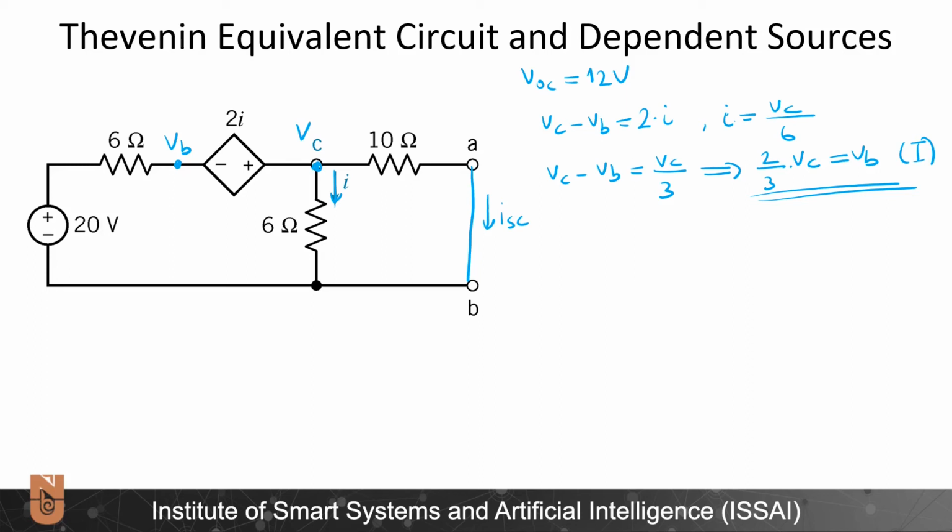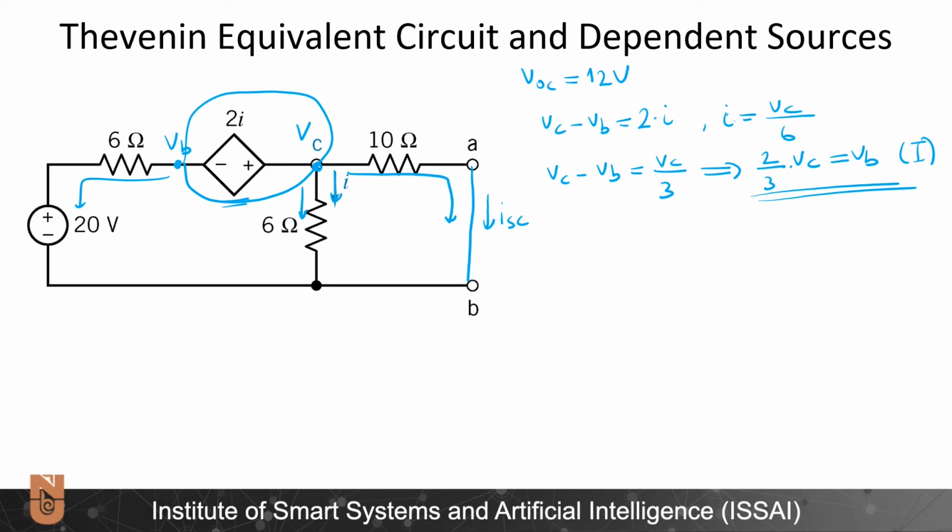Now I see we have here a dependent source, and I can create a supernode around this. What will I have? Current going out this way, current going out this way, and current going out this way.